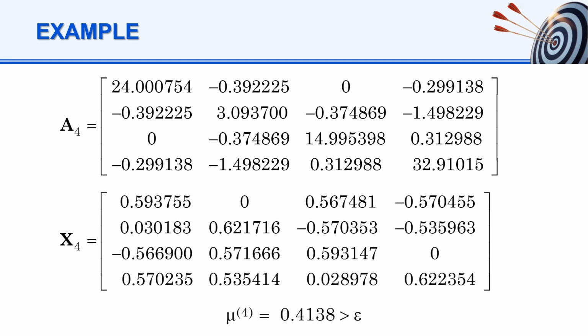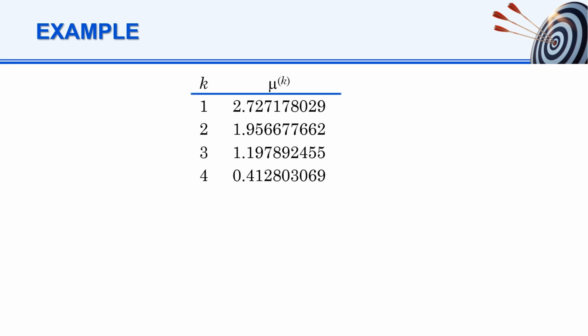The convergence criterion is still too large. This process is continued. After each rotation, the matrix A gets closer to a diagonal form, and the matrix X, which started as the identity matrix, gets closer to the matrix of eigenvectors.